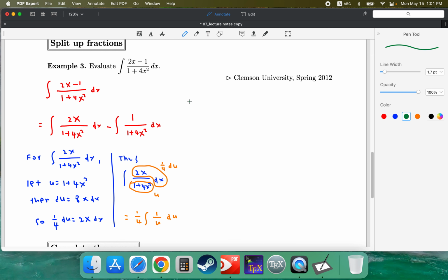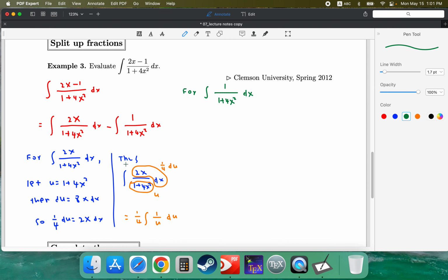Now for the second integral, if you still use u equals 1 plus 4x squared, then your du will be 8x dx, and you need an x dx to create a du, but you don't have any x on top. So that means this is not the right choice.